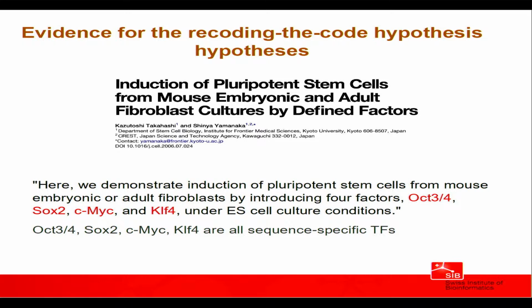So, do we have some evidence for this hypothesis? I would say maybe the most impressive support comes from landmark experiments where a research team was able to recode fibroblasts into pluripotent stem cells by activating 4 transcription factors.